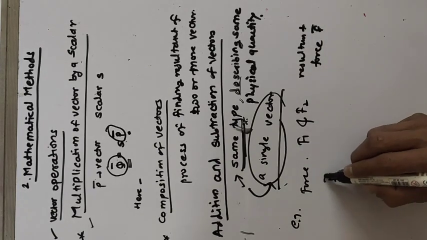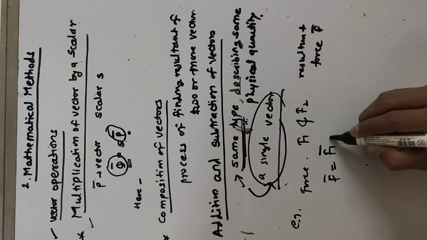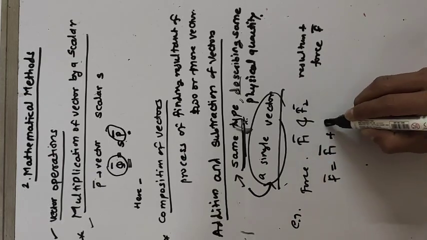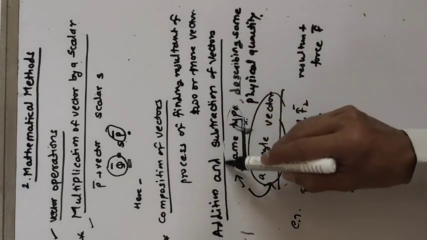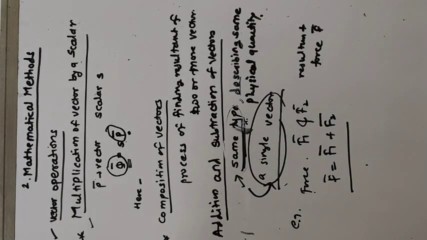Then we can write F bar is equal to F1 bar plus F2 bar. Okay. But this force vector cannot be added to a velocity vector because it needs vectors of the same type and describing the same physical quantity.